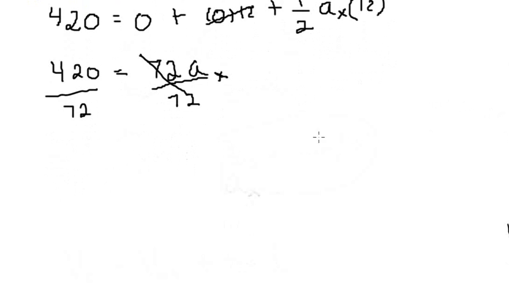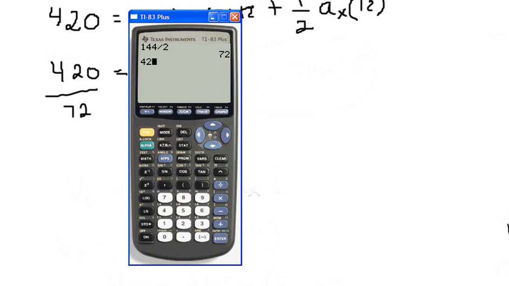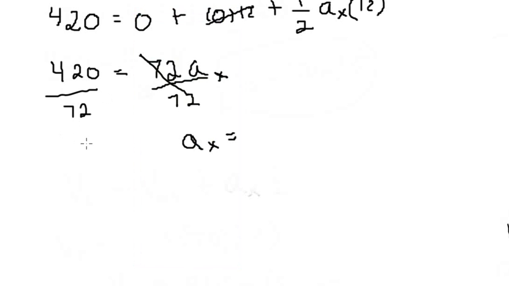So the acceleration in the x direction is equal to 420 divided by 72, and I get 5.83. Now I can write the units.